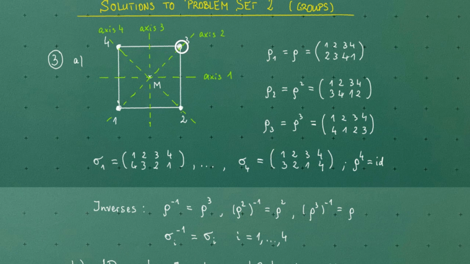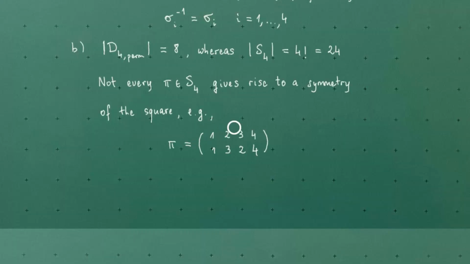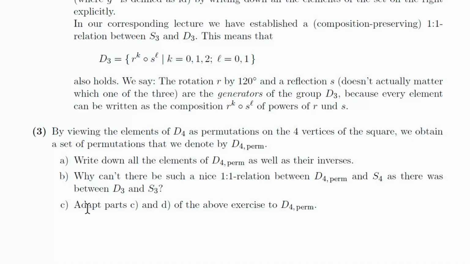But then 3 has to stay in its position, which it does not in the permutation pi. So this permutation pi cannot correspond to a symmetry of the square. Pi, of course, doesn't mean the circle number, but is a well-liked symbol for a permutation because it's a small p in Greek, pi.